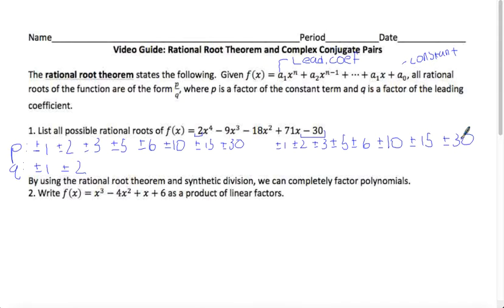And then we will go through and list all of these, but also divided by 2. But notice we're going to get some that are repeats, so we don't have to list them again. So plus or minus a half, because that's 1 over 2. But if we list 2 over 2, we'll write it anyway, but notice that that's just going to equal 1.